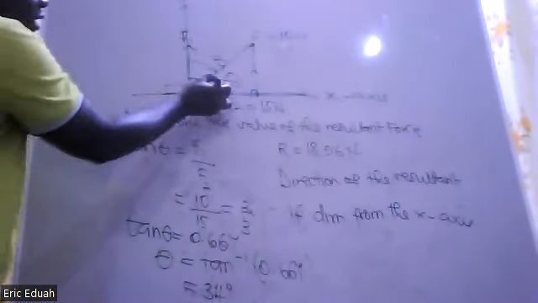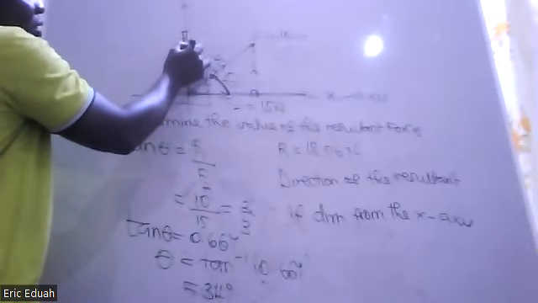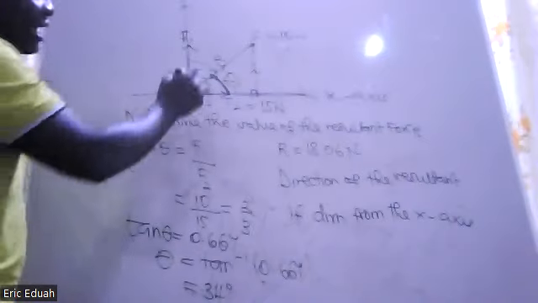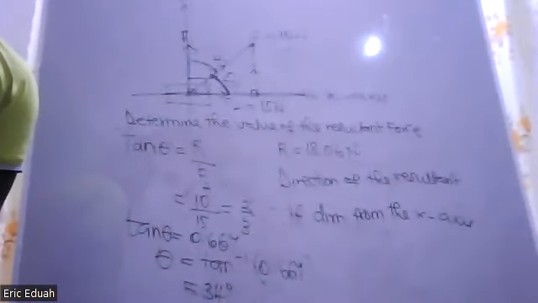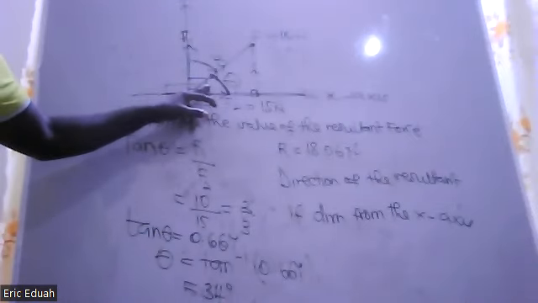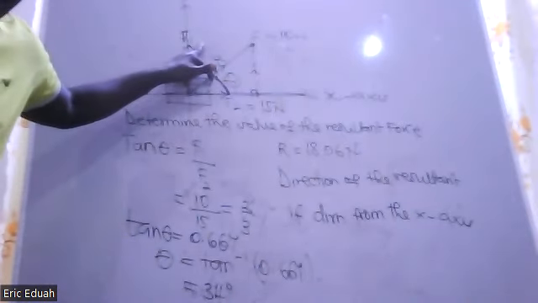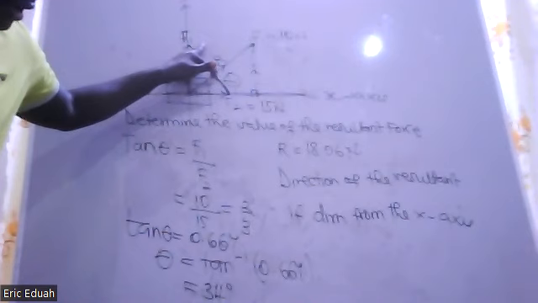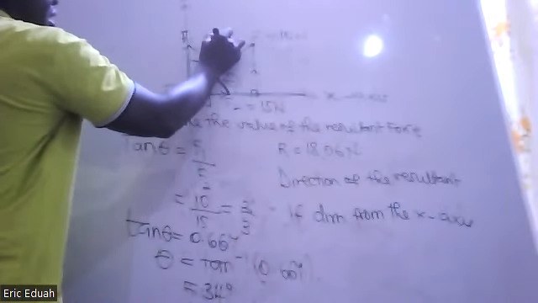Good. So if this is 34 and the whole angle is 90, Regina, what would be this angle to the y-axis? You only subtract this from 90. Is that okay? That will be 56 degrees.